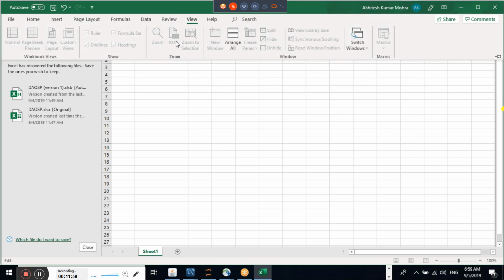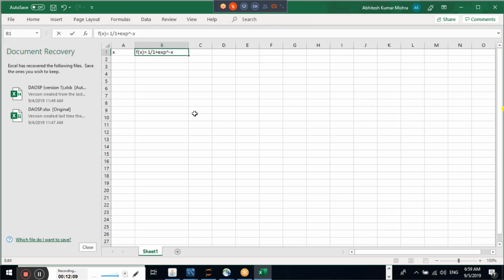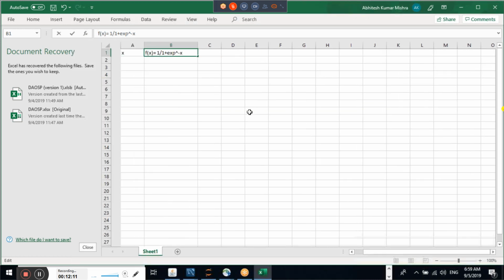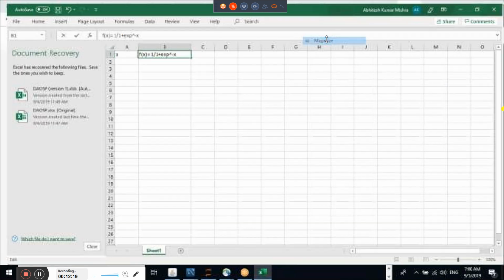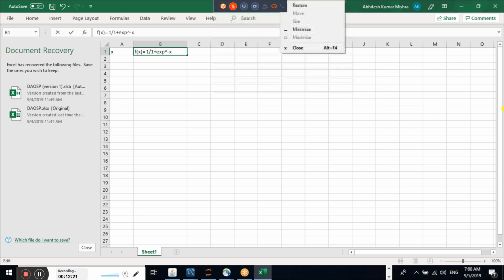Why is it disabled? Zoom 100%. One second. Maximize. Now it's fine.